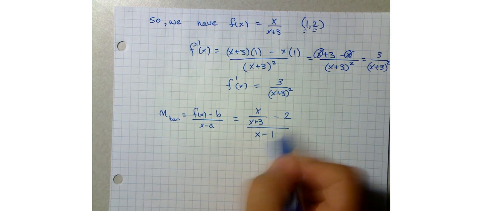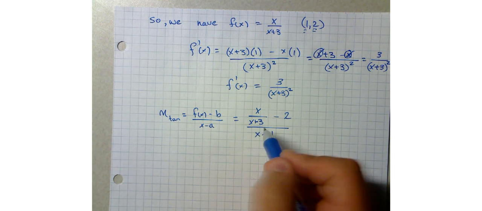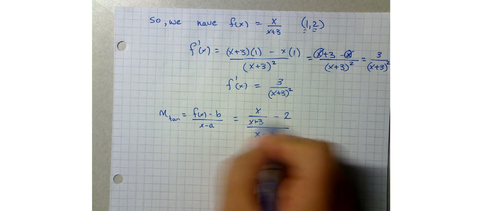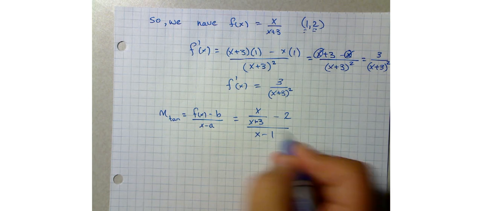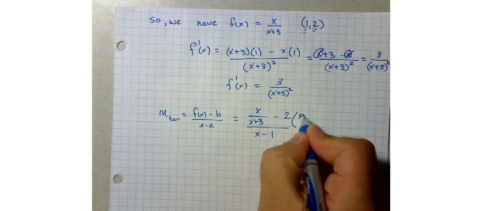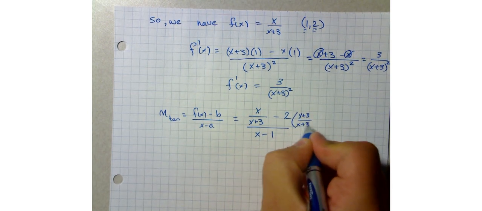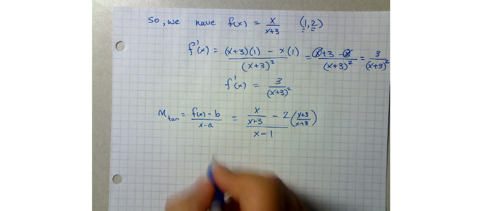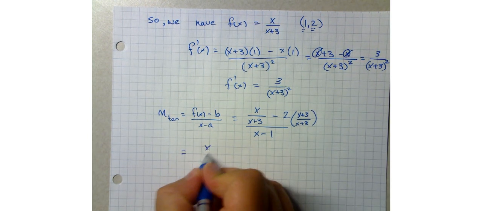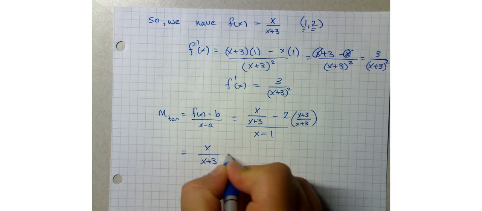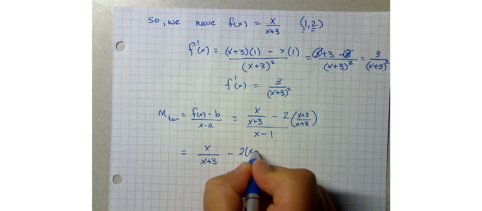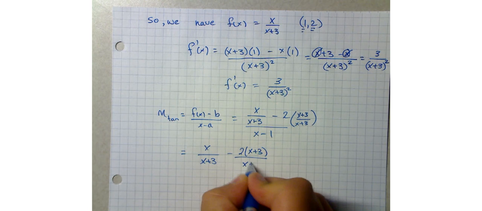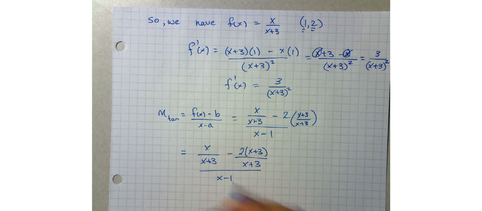I'm going to simplify this a little bit so it'll be easier to solve. How do I add or subtract fractions? From back in algebra and in chapter 2, we said that we need common denominators, so multiply this side by (x plus 3) over (x plus 3). This will be equal to x over (x plus 3) minus 2 times (x plus 3) over (x plus 3), all over (x minus 1).